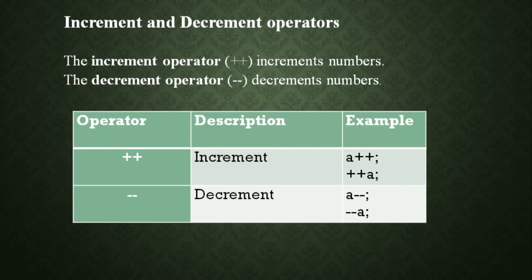These increment and decrement operators are pre-increment and post-increment. In pre-increment, it first initializes the value. That means a equals to a plus 1. In this statement, it first evaluates a plus 1 and then it assigns the value to a. Similarly, for decrement, a minus minus.